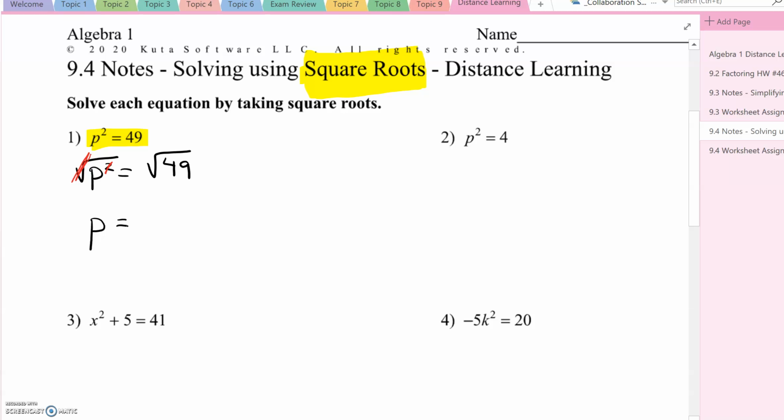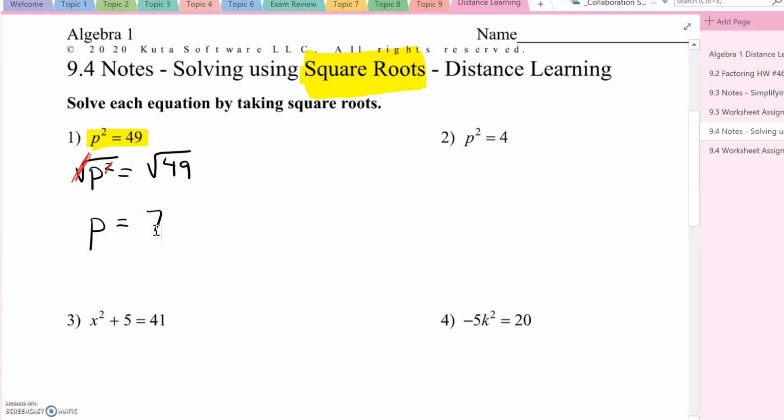And I want you to think to yourself, what is the square root of 49? What multiplies by itself to get us 49? Hopefully you're thinking what I'm thinking. 7 times 7 is 49. Now, before we know we're done, remember from our graph and from factoring, we have some options when we're solving a quadratic equation. So sometimes we get one solution, sometimes we get two solutions or two x-intercepts, and sometimes we get no solution.